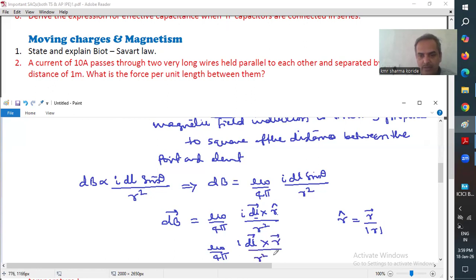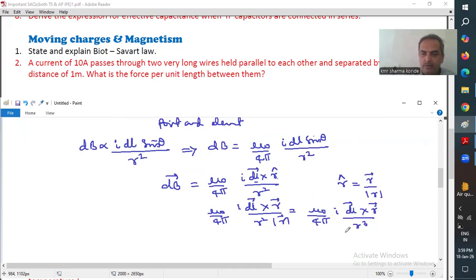Already there is r square, and there is one more r mod. So keeping this in mind, we can write mu naught by 4 pi I dl cross r divided by r cube. This is how you need to represent the answer.